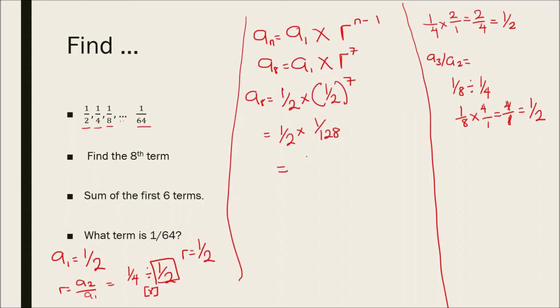What's 128 times 2, first of all? That's 256. So our eighth term, A8, will be 1 over 256.